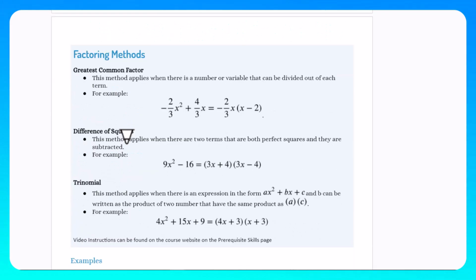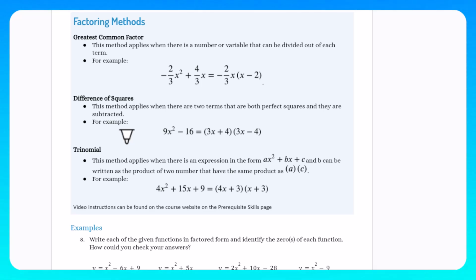Now, we're not going to spend a ton of time talking about factoring methods other than a quick review. There are videos posted in the prerequisite skill page of the course website, and you can definitely go ahead and review that to remind yourself, how do we find the greatest common factor, difference of squares, and how can we factor a polynomial or trinomial when a equals 1, or when a does not equal 1.